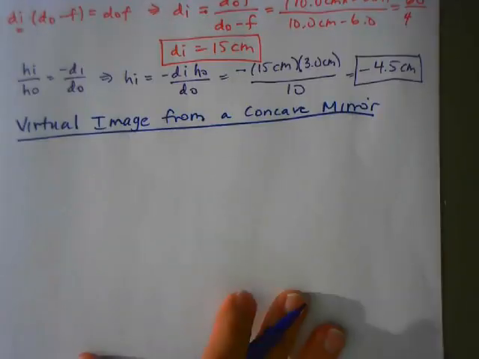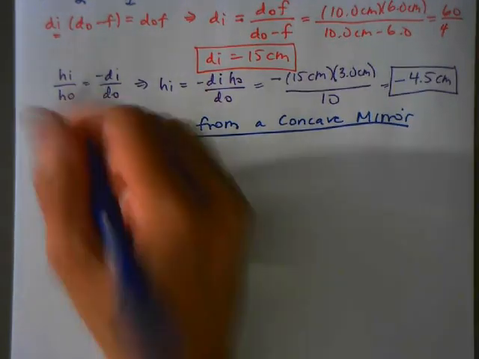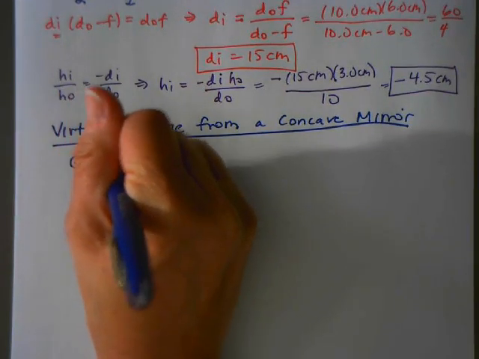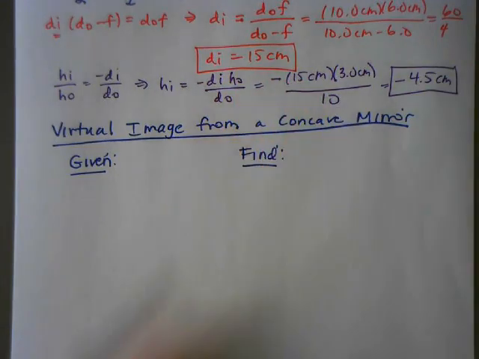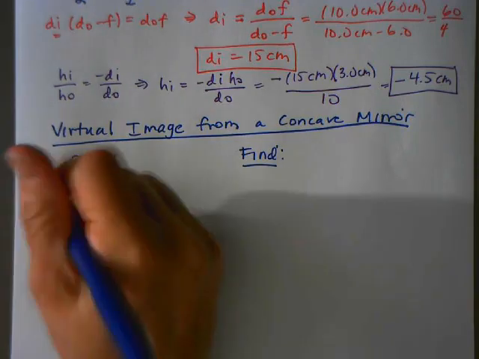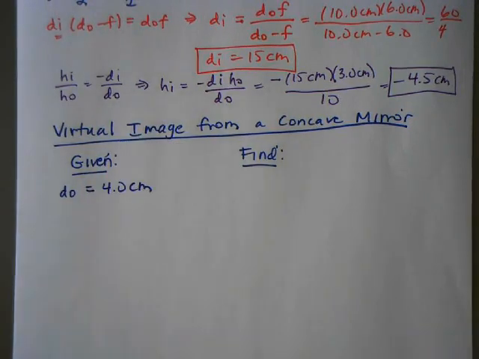All right. So when we look at this problem, we're going to write our given and find. An object is 4 centimeters in front, so that means the distance of the object is 4 centimeters in front of a spherical concave mirror of 12 centimeter radius.